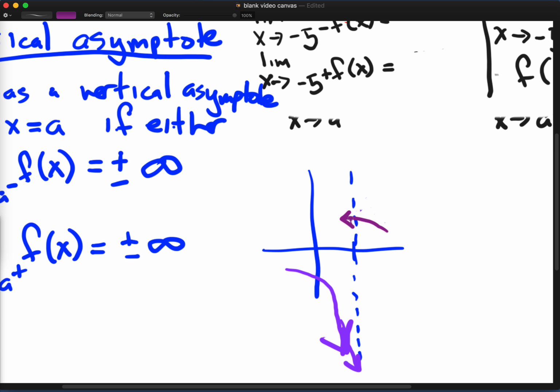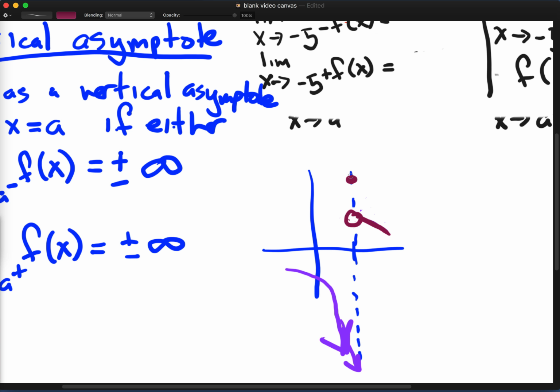So that's okay. For example, it would be okay to have a function like this. So you could have a function that goes like this, and then, bam, ends right there. That's okay, right? Because it's still a function. You could even have something like this, and then like that, maybe, right?